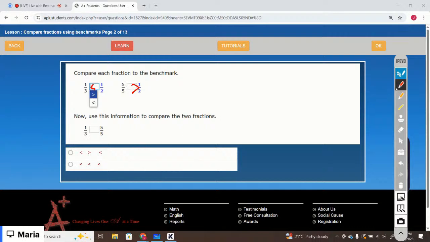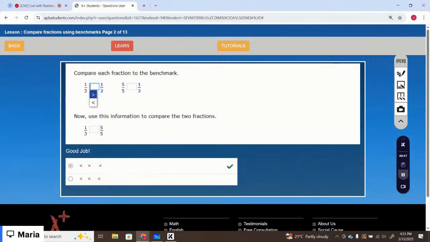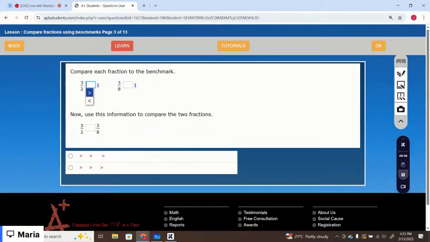Option number 1 is the correct option. Okay. Compare the fraction to the benchmarks, which is the correct option?